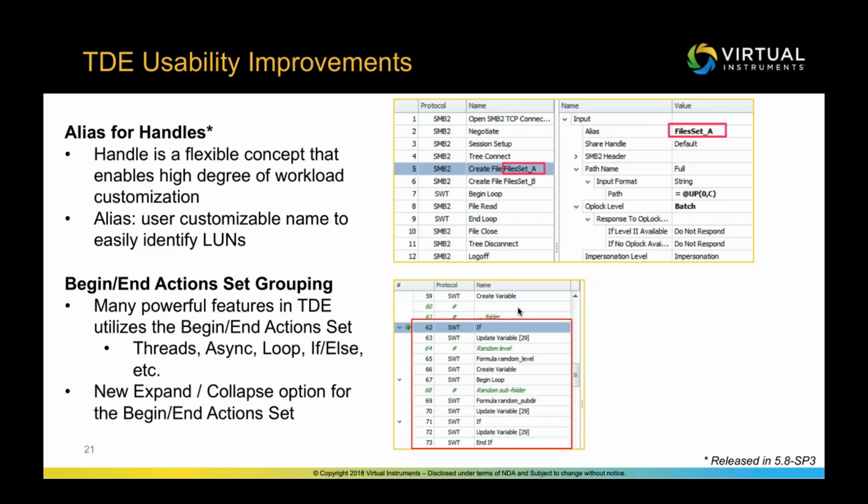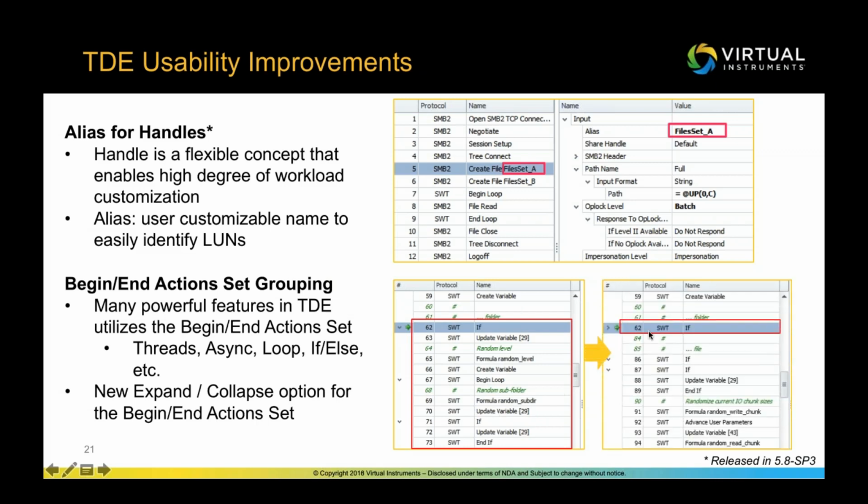So that's precisely what we're adding in 6.0: if you see a little upside down caret here, you can click on it to expand or collapse all these bracketed action sets. So you can essentially take, say, everything under this particular highlighted if loop here, and collapse everything, and you don't need to see it until you really want to get into it and expand it.